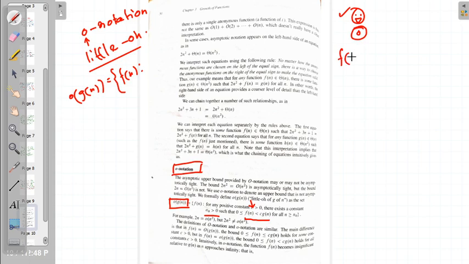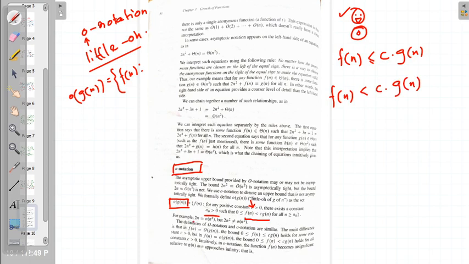In the big O notation we have f(n) less than or equal to c times g(n), and here it is strictly less than c times g(n).